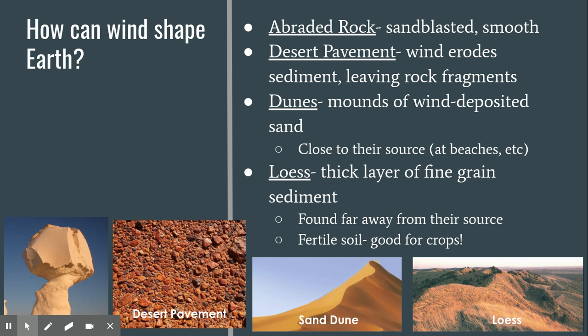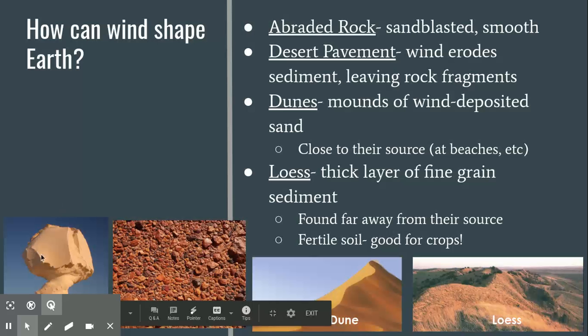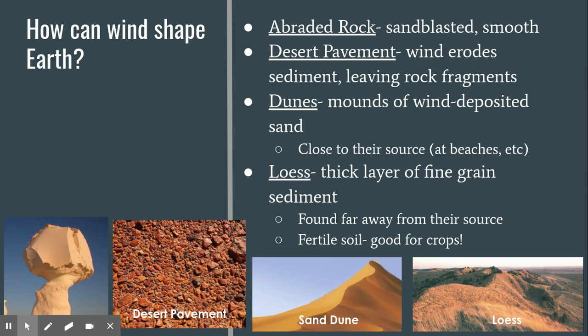So you might see what's called abraded rock. This here is an example of an abraded rock. This happens when we're looking at a rocky, sandy desert area where the wind picks up sand and blows it around. And basically what that does is that sand blasts the denser rock in the area.